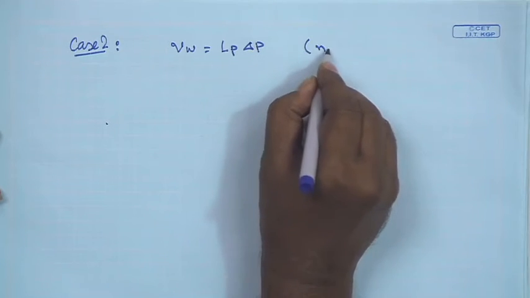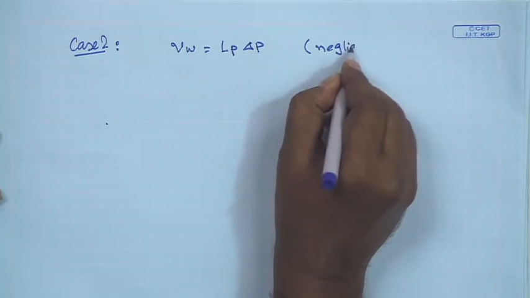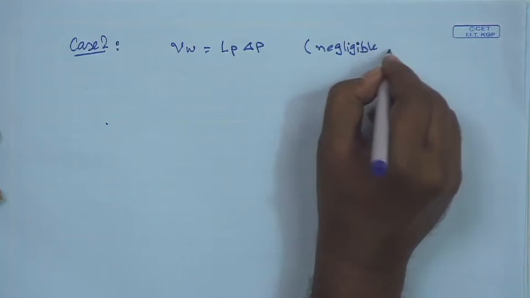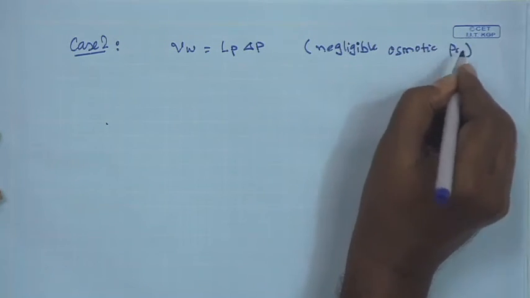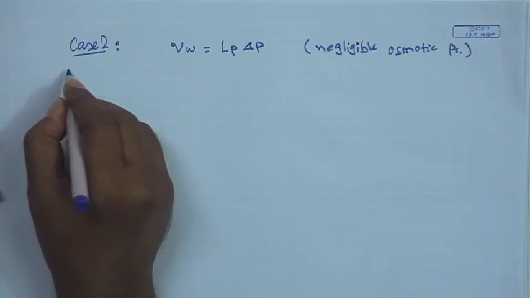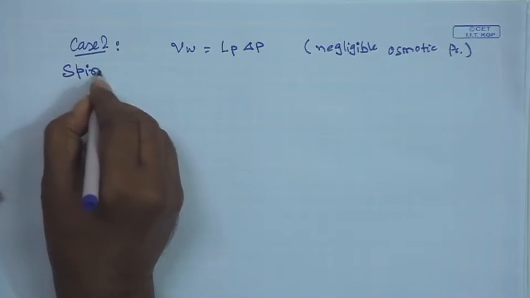We have negligible osmotic pressure of the solution. So, first we will be talking about the spiral wound module.